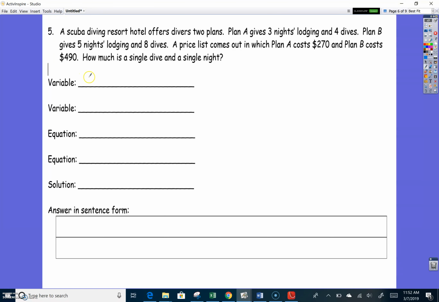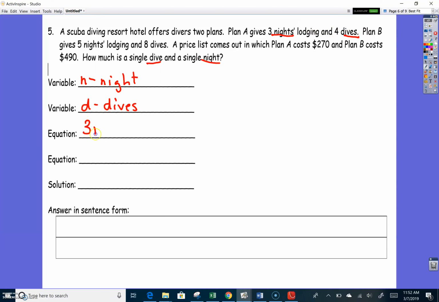Okay, my variables again are going to be, they're talking about nights and dives, okay? So I'm going to start with nights is N, dives is D. Okay, 3 nights and 4 dives.